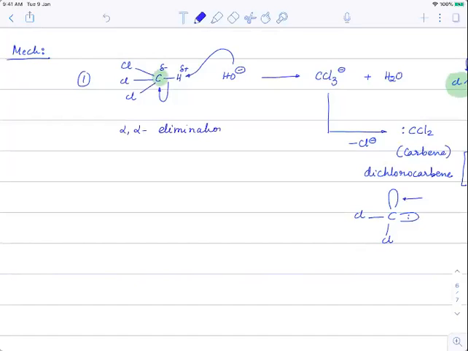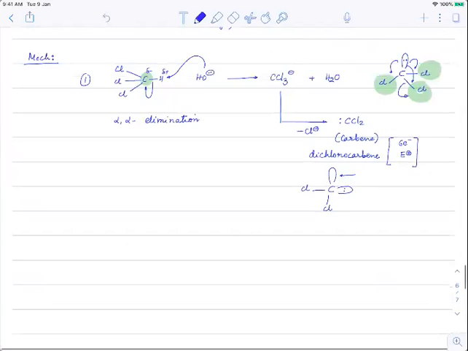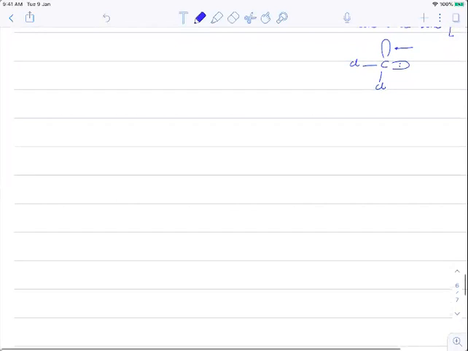This is called alpha-alpha elimination. So here, unlike alpha-beta elimination, like E1, E2, E1cB that we used to study, here alpha-alpha elimination happens. So now you got what is an electrophile. So first step is clear.